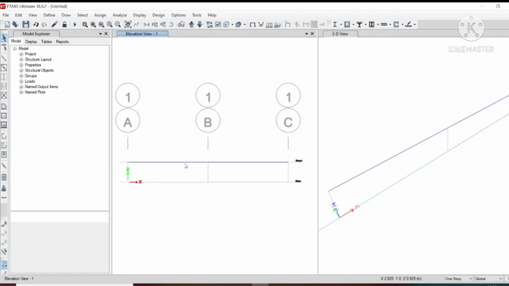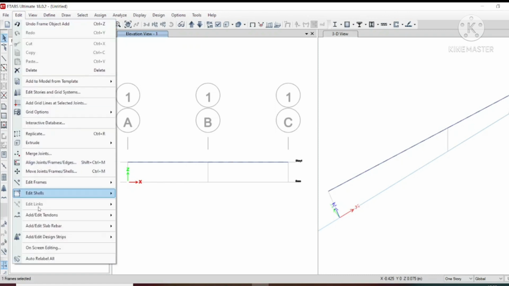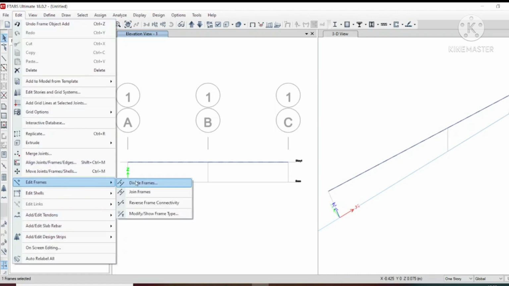Currently we have assigned a beam, and let us give a material property between this section. So you have two different types of section. Let us divide this frame.